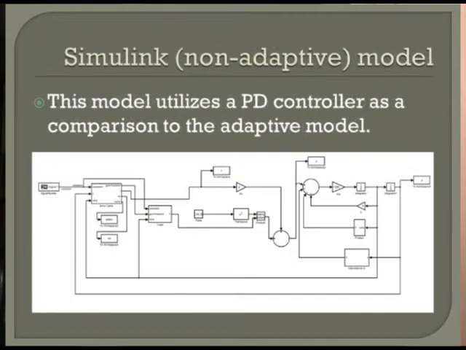So, on to my model. The non-adaptive model, which we use for comparison, utilizes a PD controller, so a proportional and derivative controller, strictly for comparison.